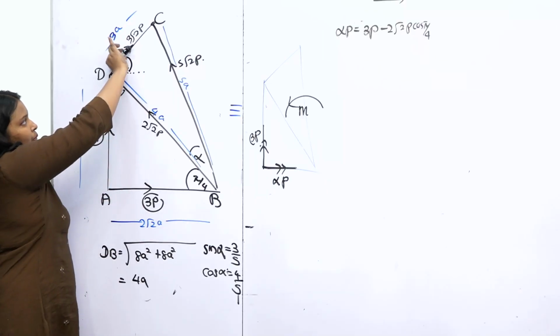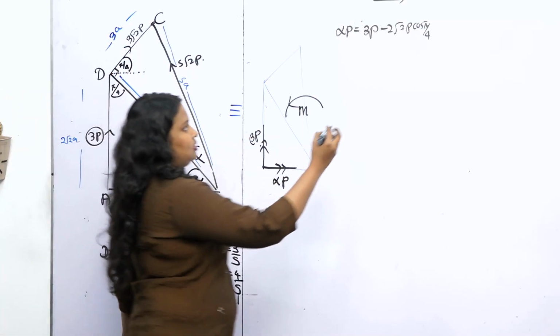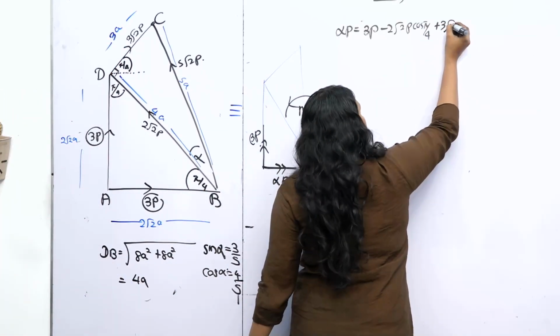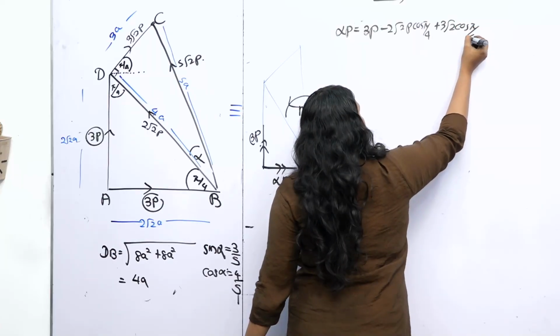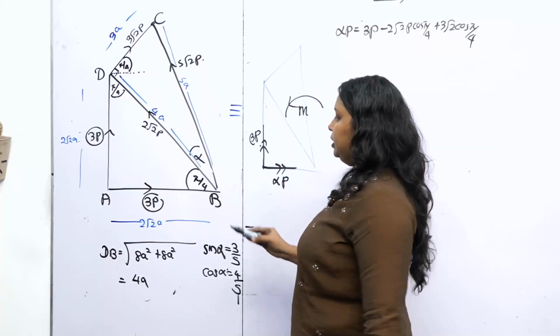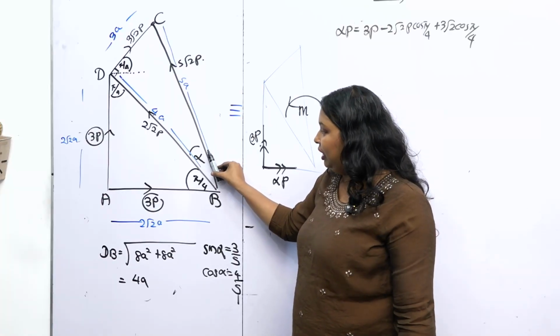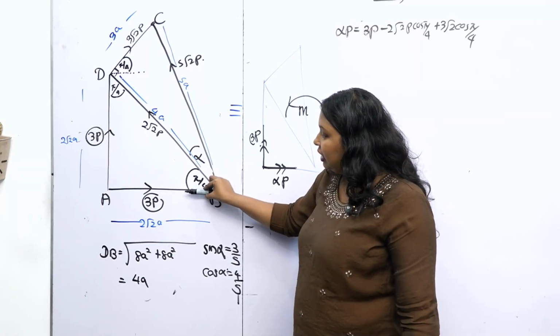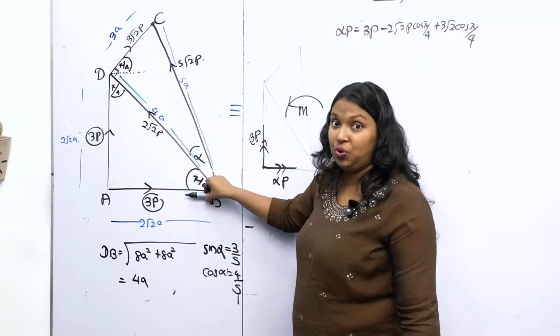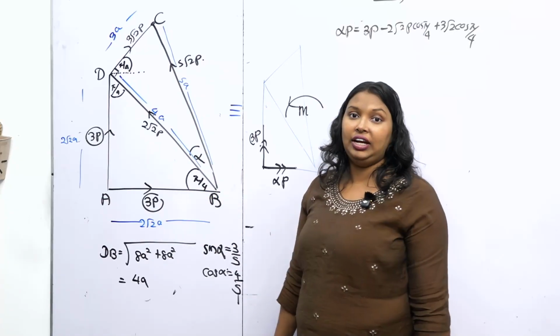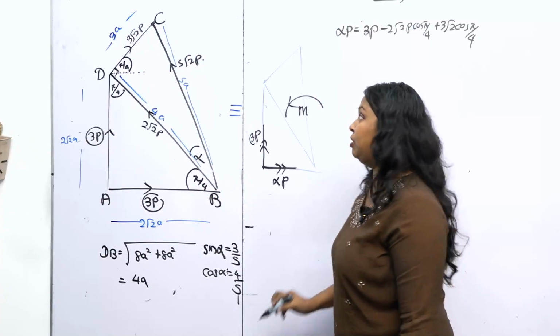So 3 root 2 cos 5 by 4, that is plus. And how do we write this one's horizontal component? This is 5 root 2 cos towards the angle, so cos of alpha plus 5 by 4, we are getting alpha plus 5 by 4.